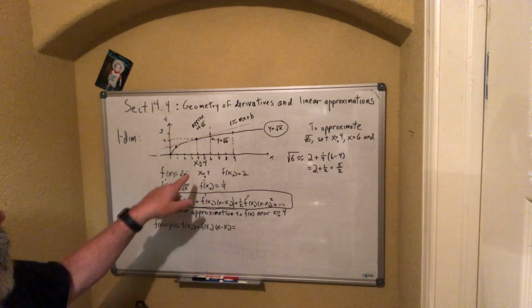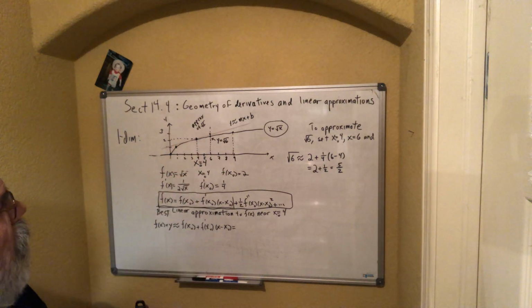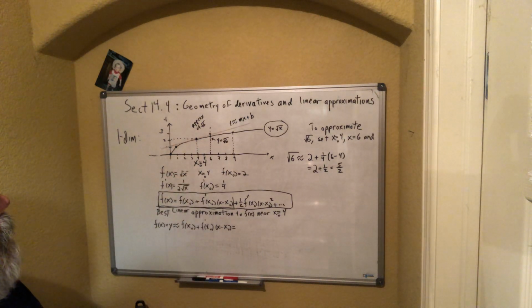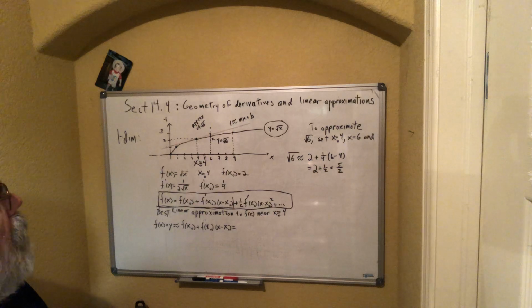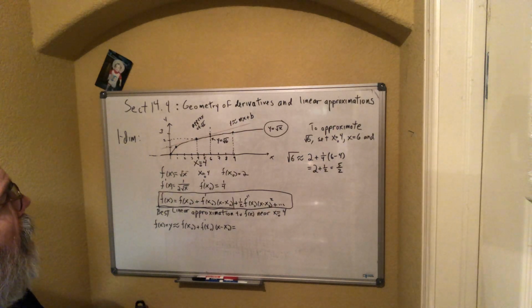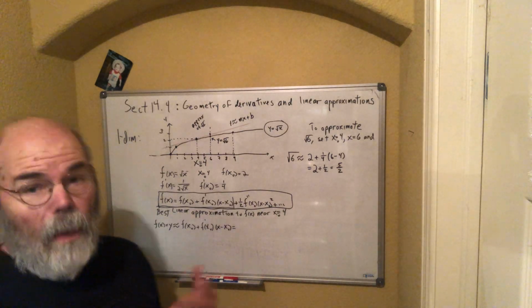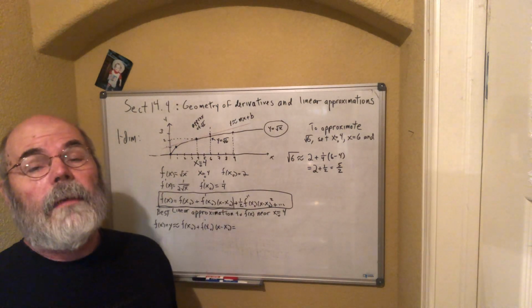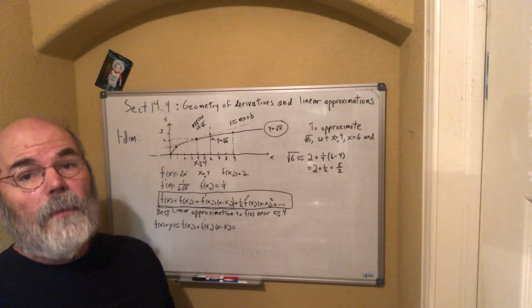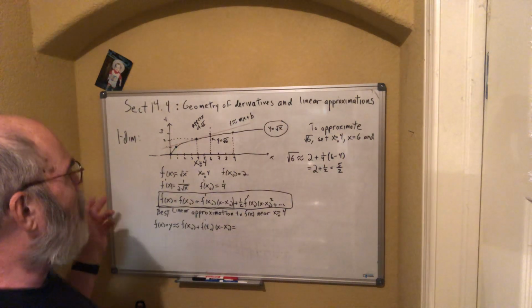So let's use our knowledge that x equals 4 to find an approximation to a square root of a number that's close to 4. That's the trick. You have to look for values close to where you want to find it out.